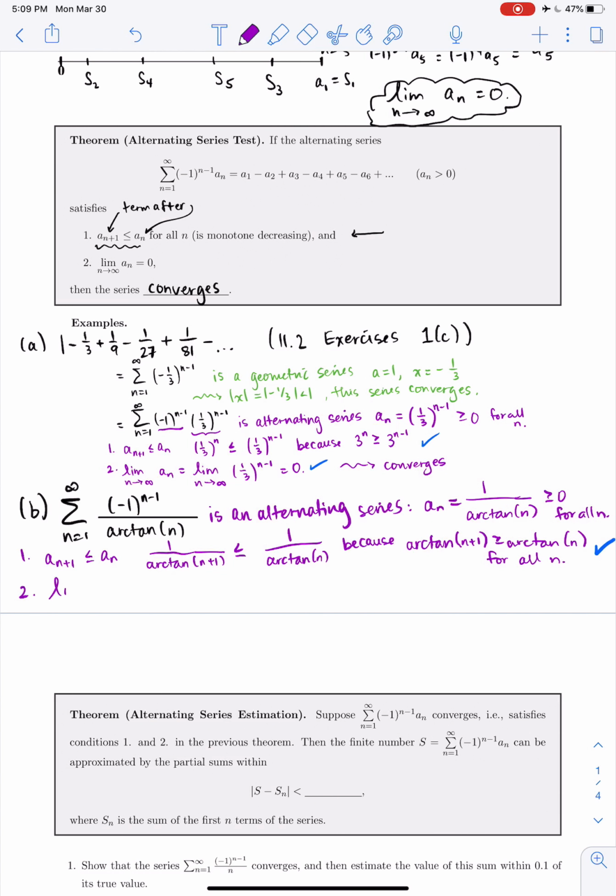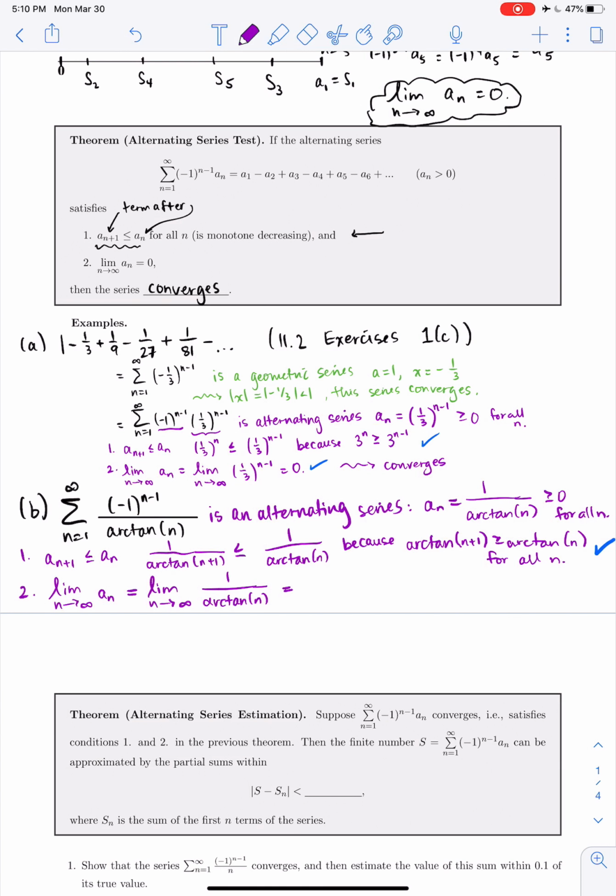So the second condition is checking if our base sequence, a sub n, converges to 0. And our base sequence is 1 over arctan of n. Now, if you remember what the graph of arctan of n looks like, it actually has a horizontal asymptote.